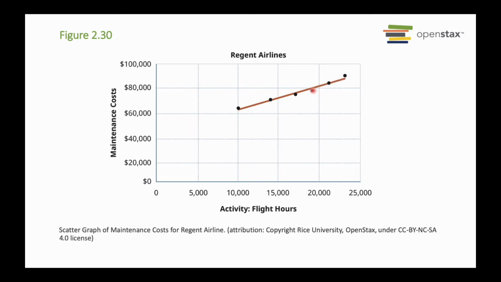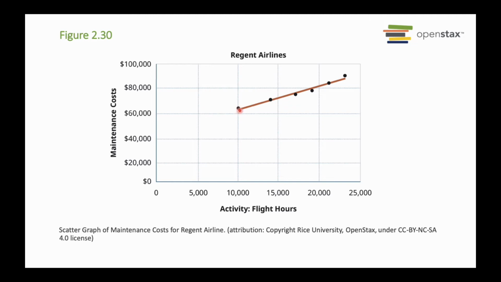So that's why it's called a line of best fit. Once we've plotted the line of best fit, we can extend it down to the vertical axis, and the point of intersection of that line with the vertical axis represents the total fixed cost.